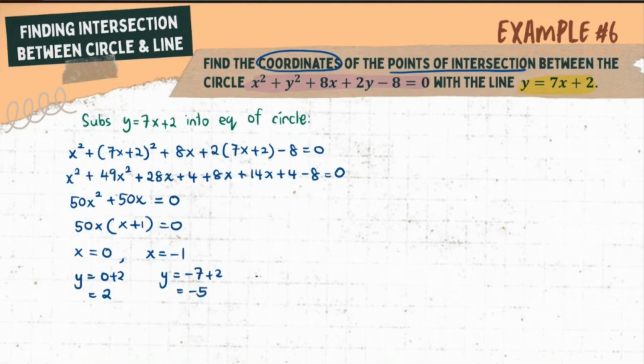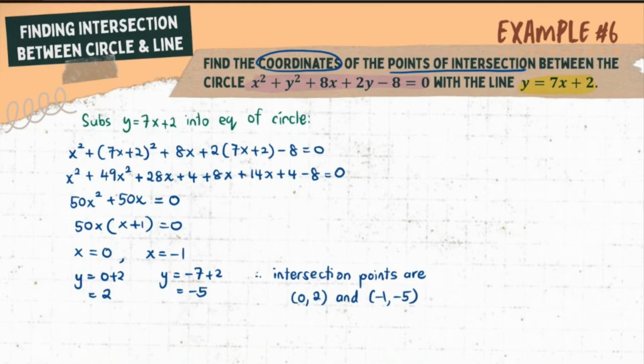So we can conclude here the intersection points are (0, 2) and (negative 1, negative 5). Okay, these are the answers.